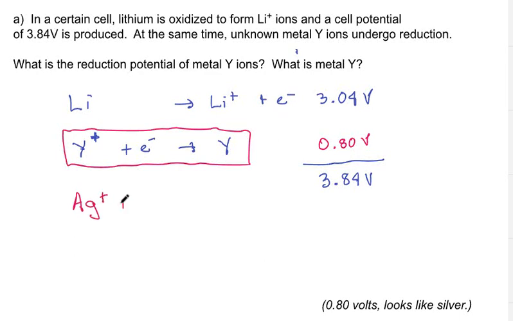Silver ions gain 1 electron, turn into silver metal, and that produces exactly the voltage we're seeing. So this metal might be silver, and we even, by luck, were right about the amount of charge. Nice when that happens.